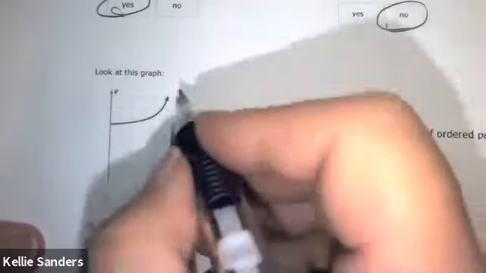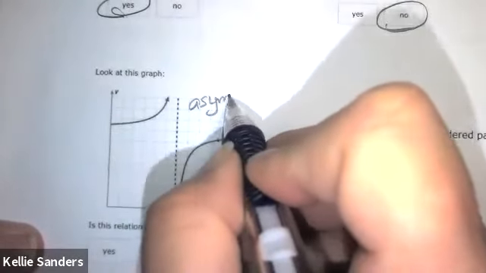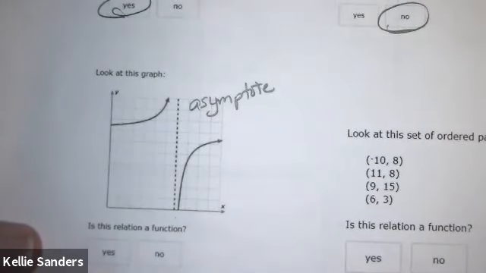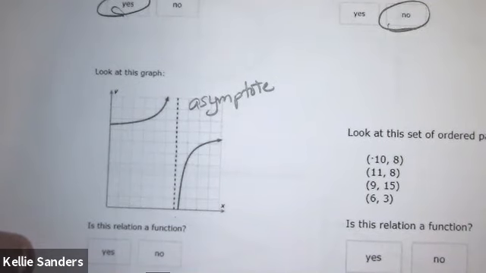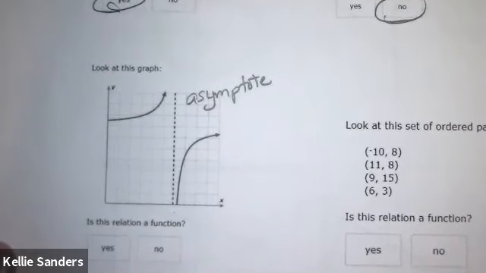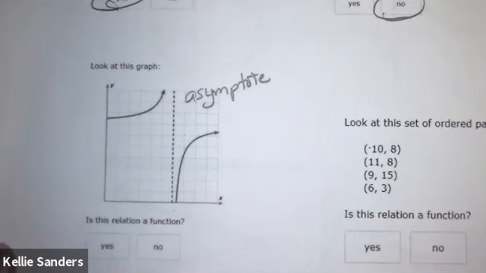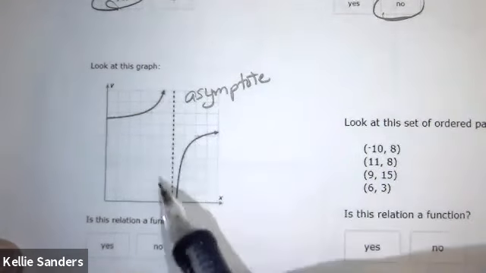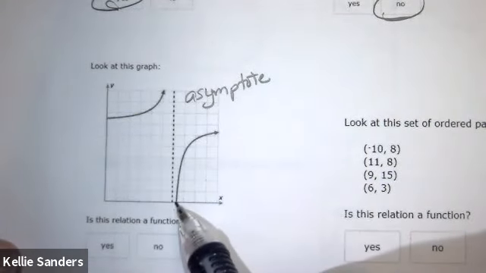This dotted line is called an asymptote. It's kind of a weird word. You don't necessarily need to know it for this lesson. In later lessons, we will get into it more in depth, but just keep it in the back of your mind: an asymptote is just an imaginary line that the graph doesn't cross.